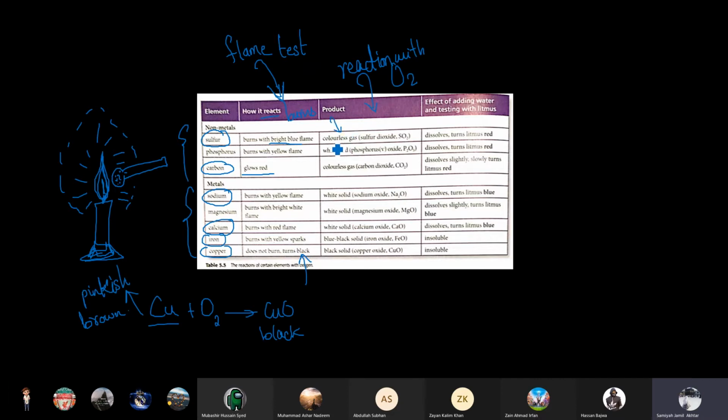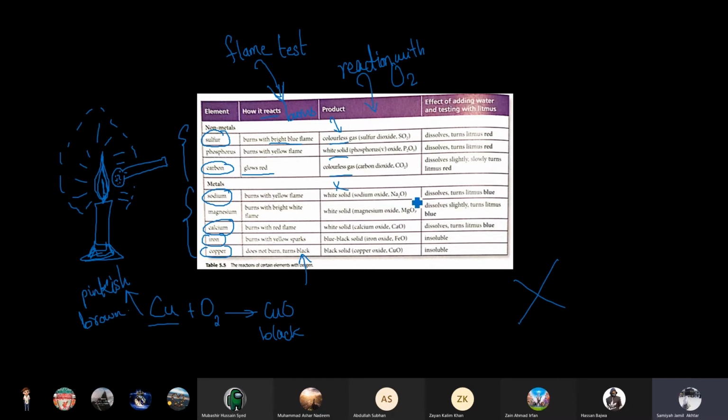It's not compulsory to learn these colors, because there are so many, so no need to learn the colors of their oxides. But you should know which oxide they will form, and the formula of these oxides. You can make the formula from their valencies, and from the cross method, you can guess what the formula of these compounds will be.